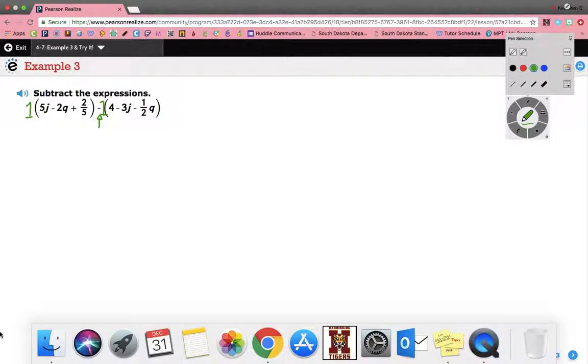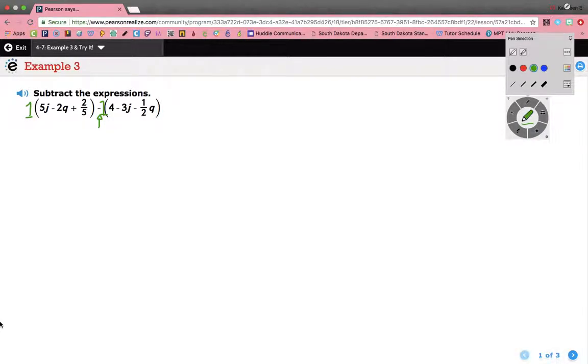So if we did that, we would have 1 times 5j times this, right? Nothing changes for that first one because that 1 is positive. So we still have 5j minus 2q plus 2/5. What changes is those last three, because we're distributing a -1 instead of a +1.